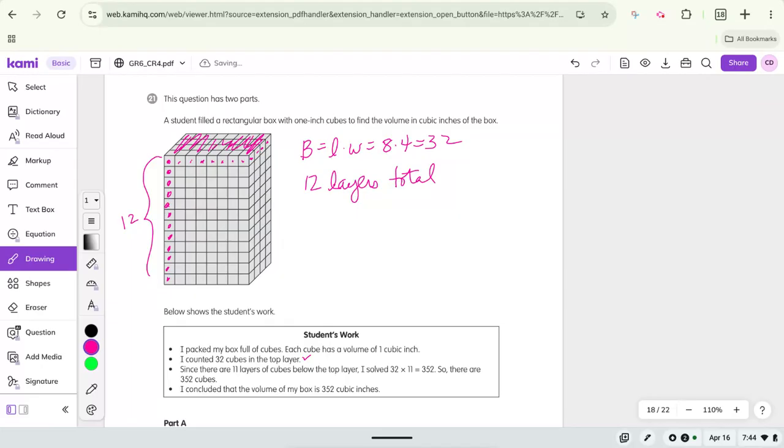You've got to multiply all layers. So to find the volume, you do the area of the base times the height. So that would be the area of the base, which is 32, and the height is 12, not 11. So 32 times 12 is 384. And so the proper volume is 384 cubic inches.